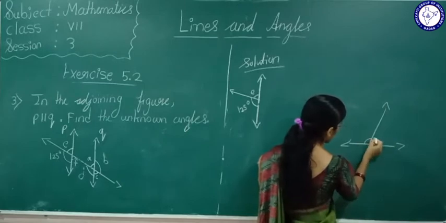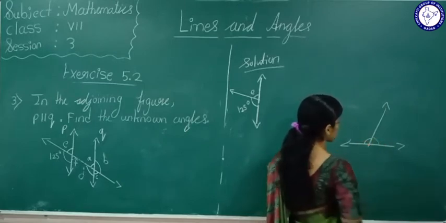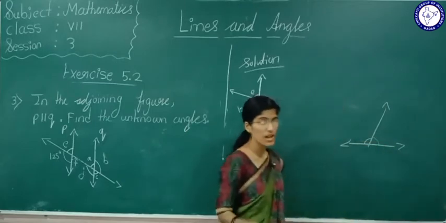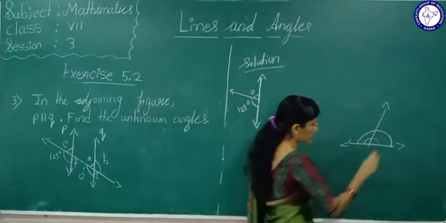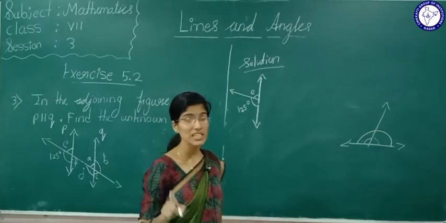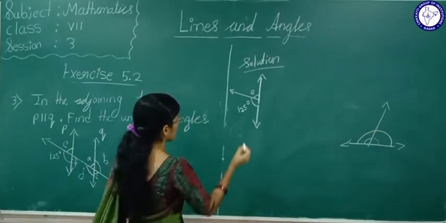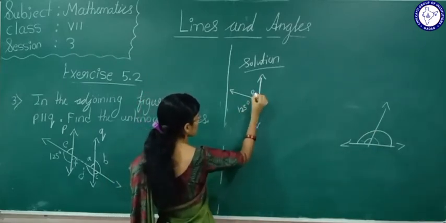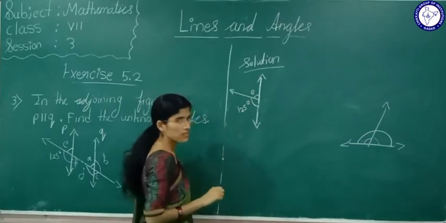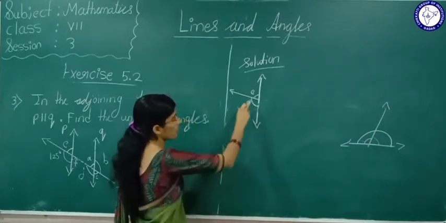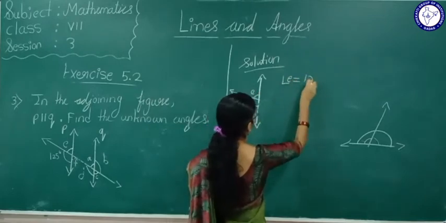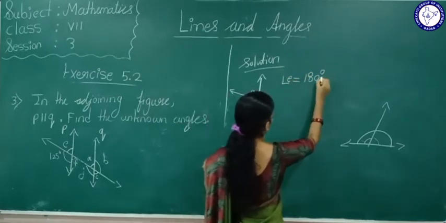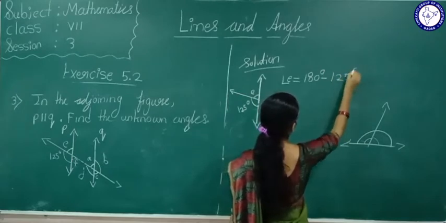Say which angles these two are. These two angles we are going to call adjacent angles, right? If the sum of adjacent angles is 180 degree, that is nothing but a linear pair. Now see here carefully, this is going to form 180 degree. So how are we going to find angle E? Angle E is equal to 180 degree minus 125 degree.